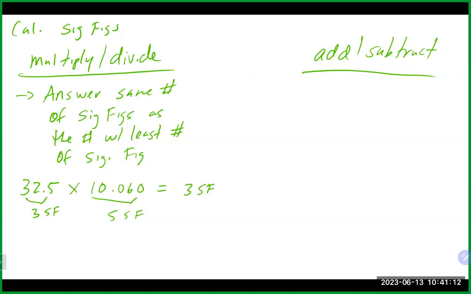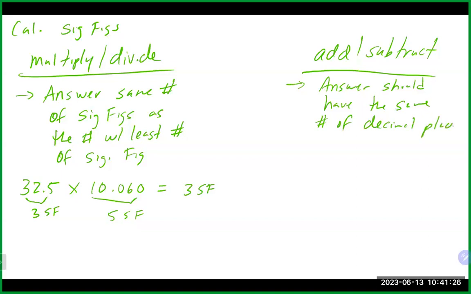Now, when we add and subtract, it is a little bit different. Your answer should have the same number of decimal places as the number with the least number of decimal places.